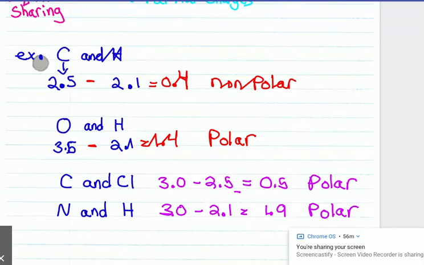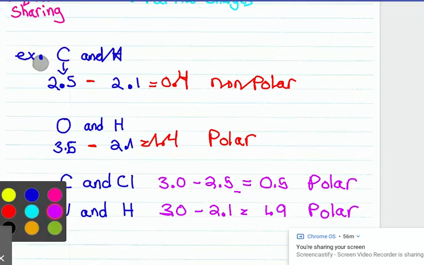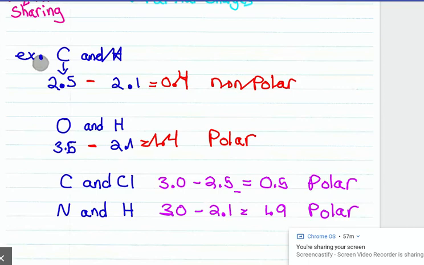a nonmetal. Now, the last thing you have to remember when you are dealing with polar and nonpolar bonds is that if you have a polar bond, you have to give it partial charges. So our oxygen has to get the partial negative sign. Our hydrogen gets the partial positive sign. Same down here. Chlorine is the bigger number, so it goes partially negative, and our carbon is partially positive.